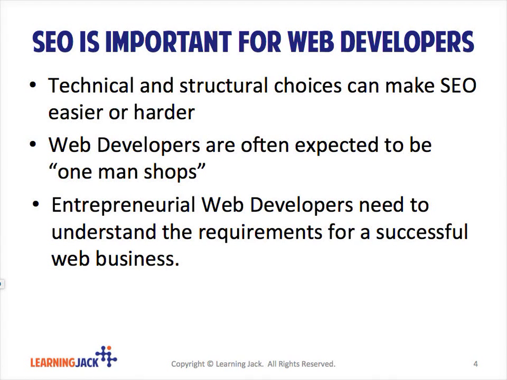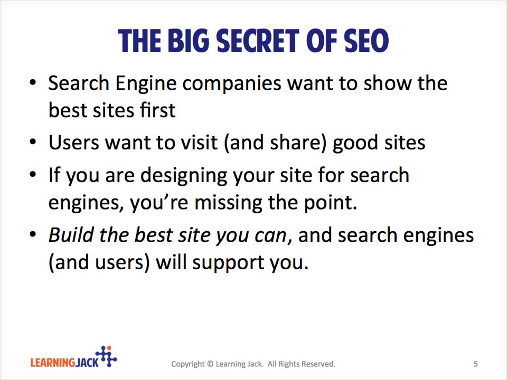But now I'm going to tell you a big secret. The big secret of SEO is that search engine companies want to show the best websites first. Because if they show you good websites, you're going to continue to use that search engine. And users want to visit good websites and possibly share them with their friends.